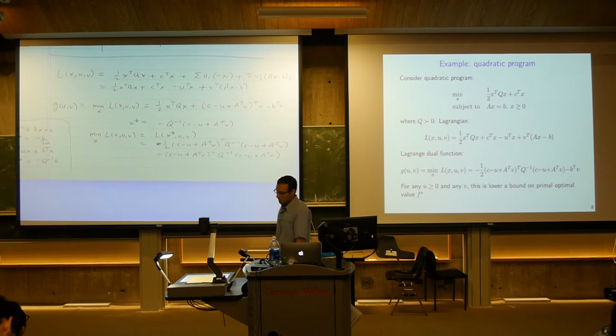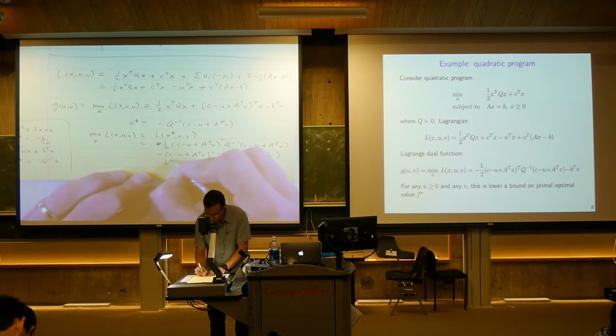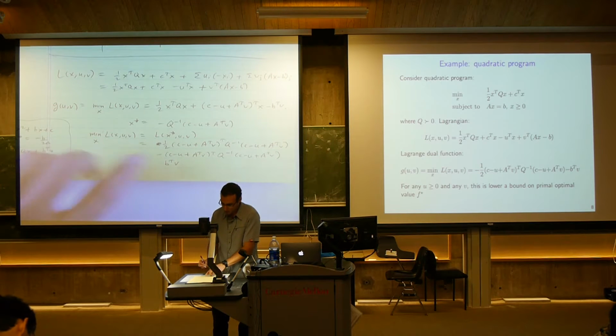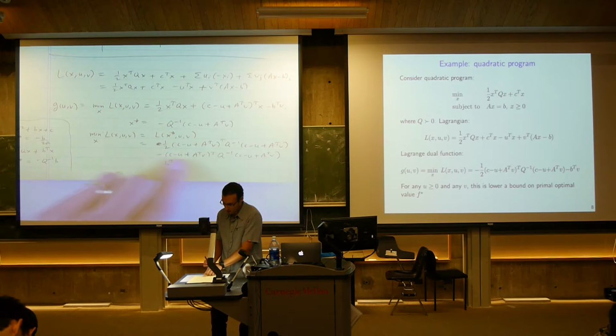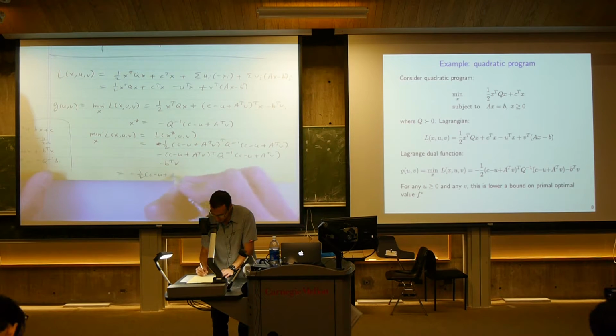And then I have that leftover piece, minus b transpose v, sitting around. So you can see I have a half of a quantity minus the same thing. So it ends up being minus 1/2 times this quadratic, (c minus u plus A transpose v) transpose Q inverse (c minus u plus A transpose v), minus b transpose v.